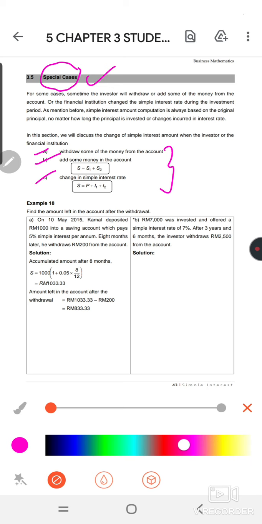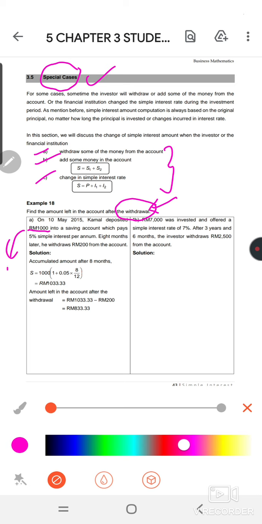Okay, so kita tengok example 18. Find the amount left in the account after the withdrawal. Maksudnya kat sini kita buat simpanan tapi kita keluarkan duit. Example 18A: On 10 May 2015, Kamal deposited RM1,000.